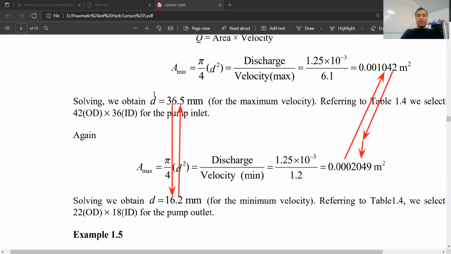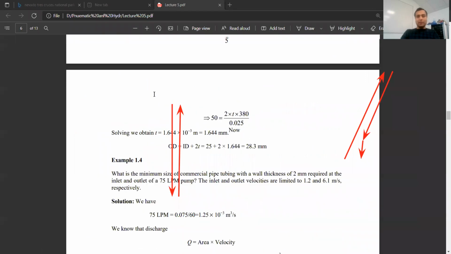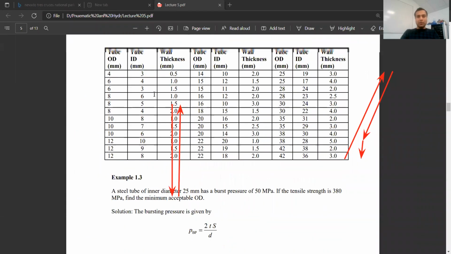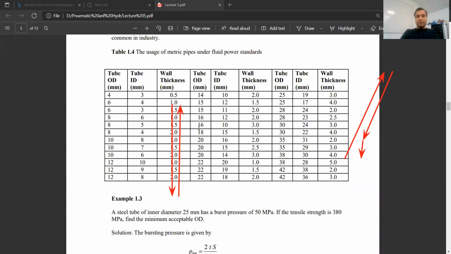You can go back and have a look at the table, and you can work out which one you're going to use for the inner dia and outer dia. You can straight away look from here: what's the inner dia, what's the wall thickness, and so on. So you can straight away see which one you're going to choose.